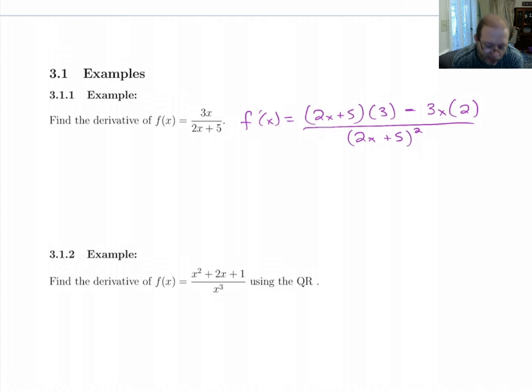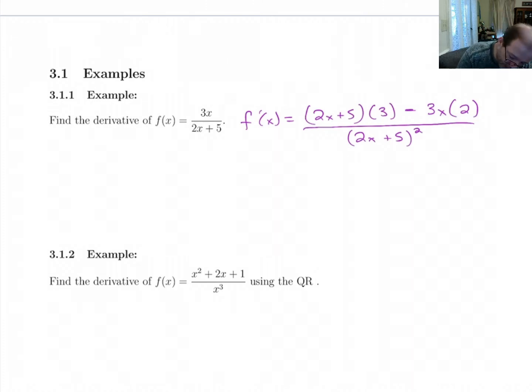All right, now we need to simplify, and let's first talk about what not to do. A lot of the time people see both of those 2x plus 5s and they say, hey, let's cancel this. But you can't do that, because in order to do that, you would have to have a 2x plus 5 in this term as well. So what we have to do is distribute the 3 across here and then combine like terms.